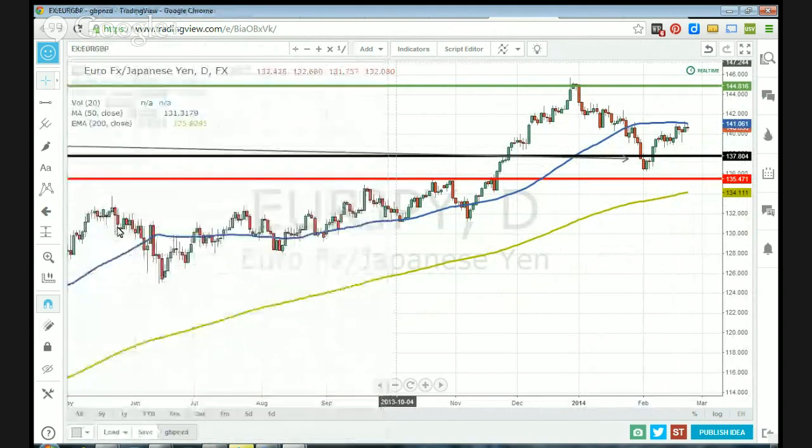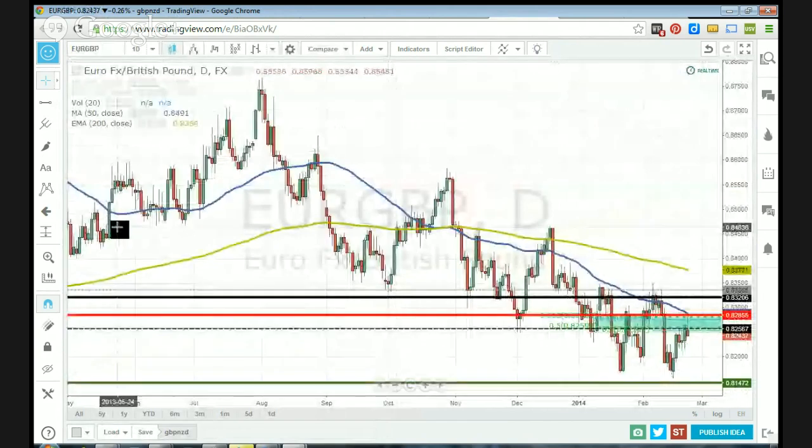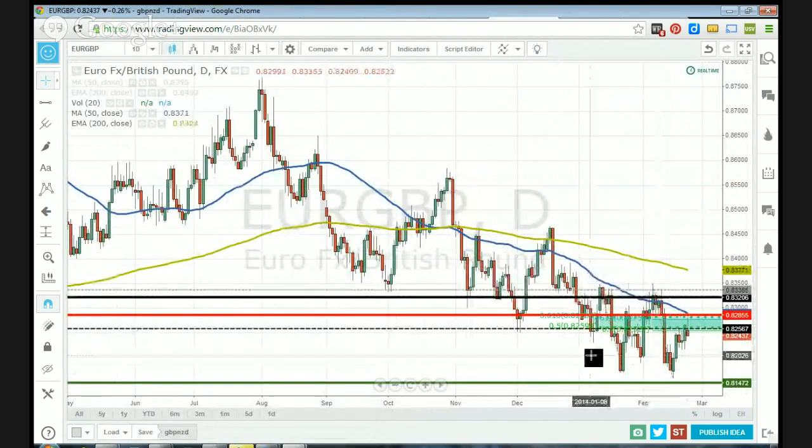Euro Pound. Okay, and this is where I got stopped out. Man, look at that. I entered on this gray line. I wonder if it was just a misread.